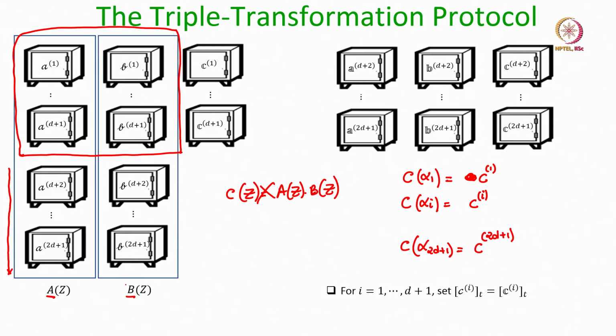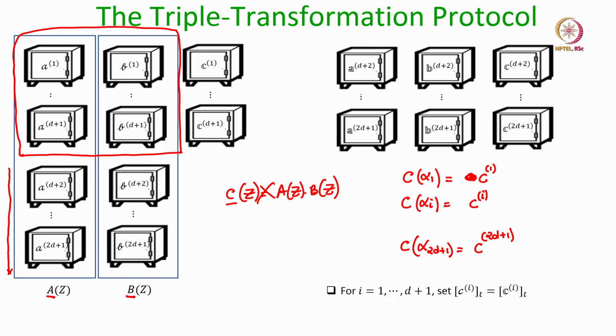In the same way, the B polynomial is defined by setting the first d plus 1 points to be the B components of the first d plus 1 triplets, but the next bunch of d points on the B polynomial are absolutely different from the B components of the remaining input triplets. But for the C polynomial, I am taking all the points on the C polynomial to be the C components of all the input triplets.